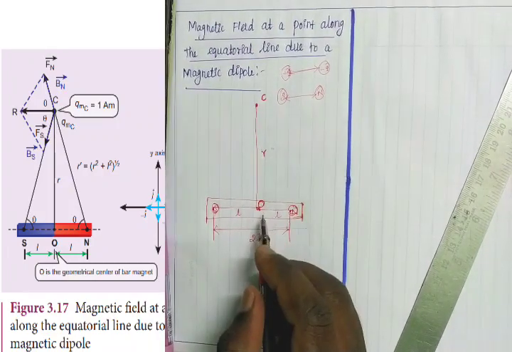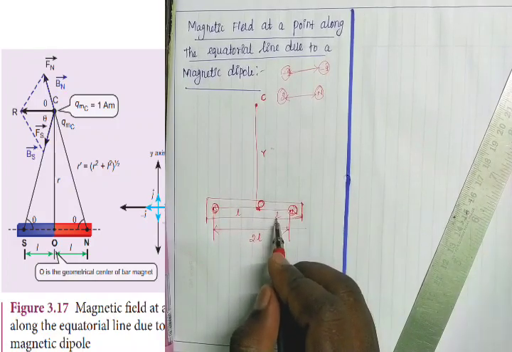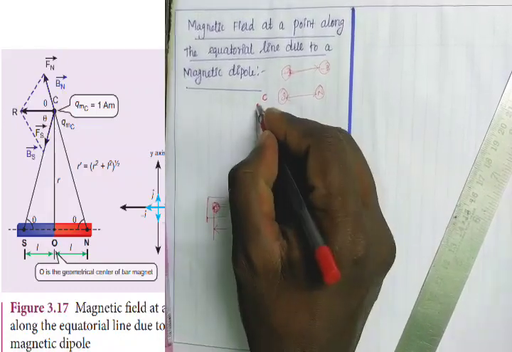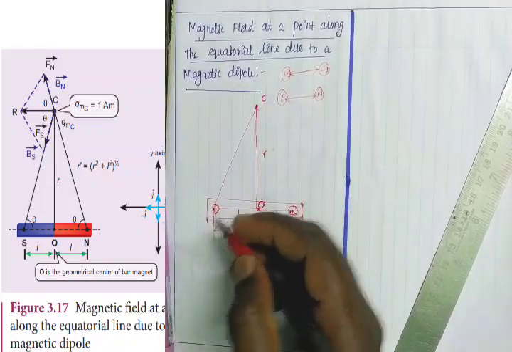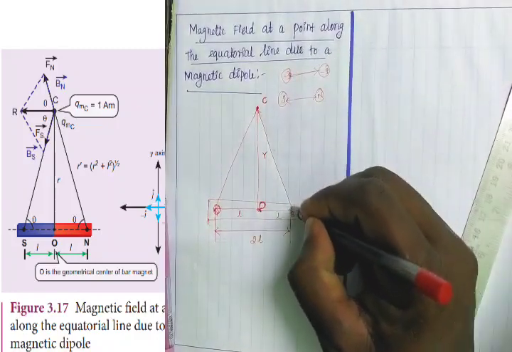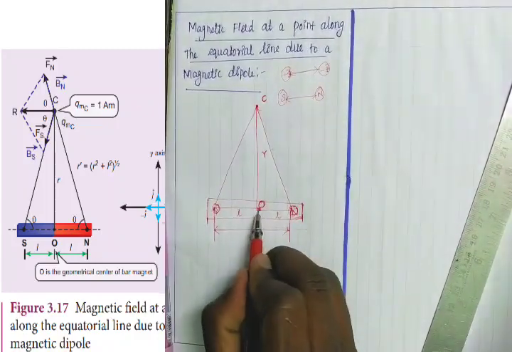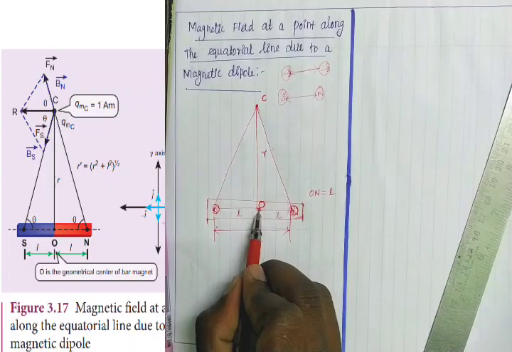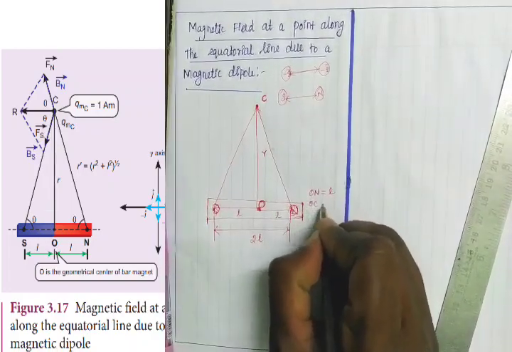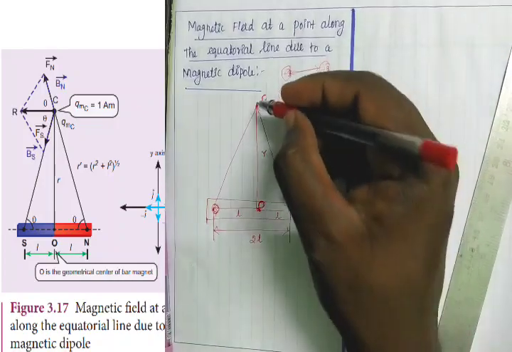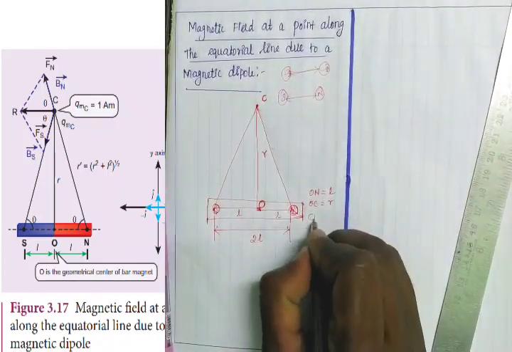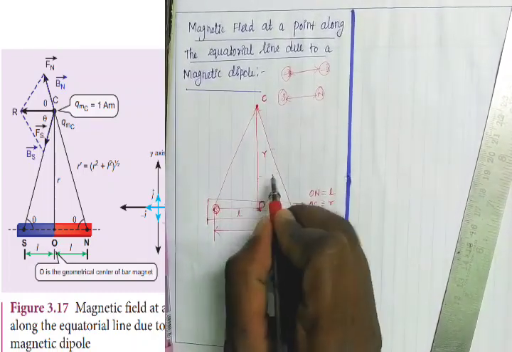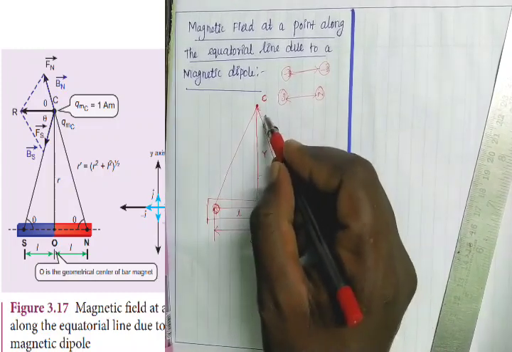The field can be computed by keeping a unit north pole at C. Next we connect C and S, and also C and N. The distance O to N is L. The distance O to C is R. C to N is R dash, because OC is not equal to CN.